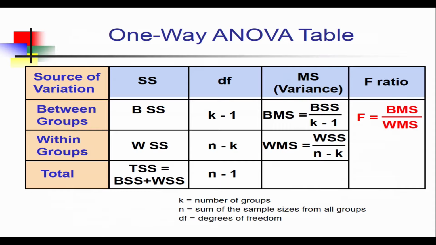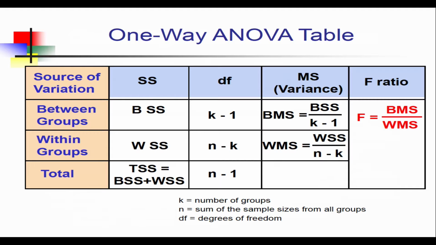This F statistic is the ratio of BMS, the between group mean square, divided by the within group mean square. This ratio tells you which variability is larger. If this ratio is very large, that indicates the between group variation is big and the within group variation is small, which indicates you will reject your null hypothesis, right?